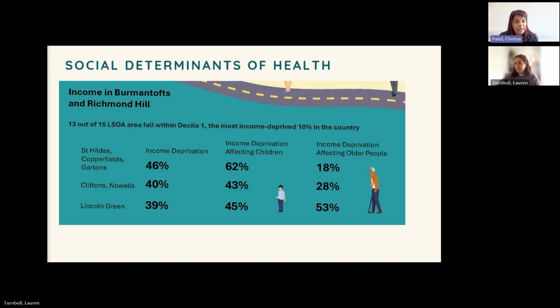We also know that in terms of housing, we have people who have less housing ownership, more people who are in socially and privately rented homes. We have a high concentration of cold homes and issues around fuel poverty. And when we think about our children, over 50% of pupils in the ward receive free school meals.